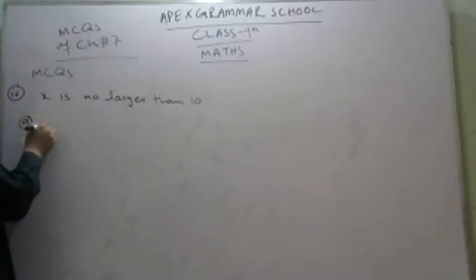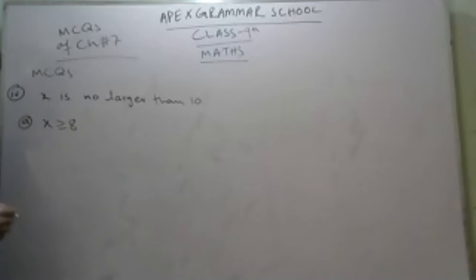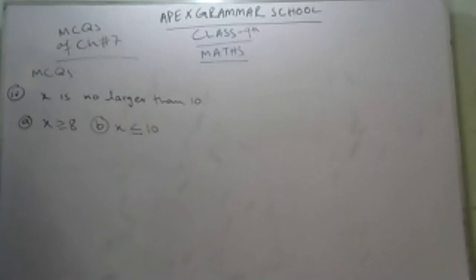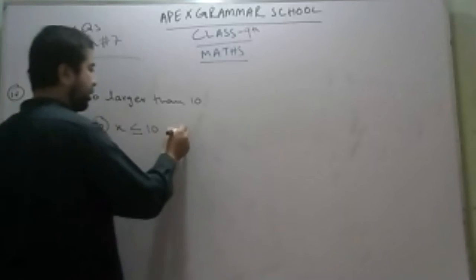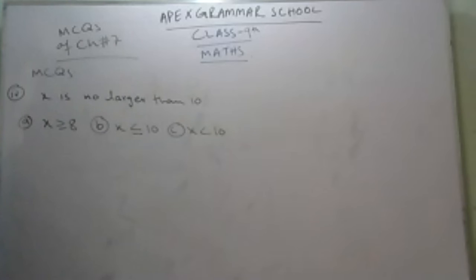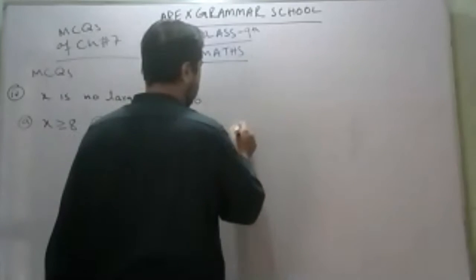First, X is greater than or equal to 8. Second, X can be equal or less than 10. C, X is only less than 10. And D, X is greater than 10.